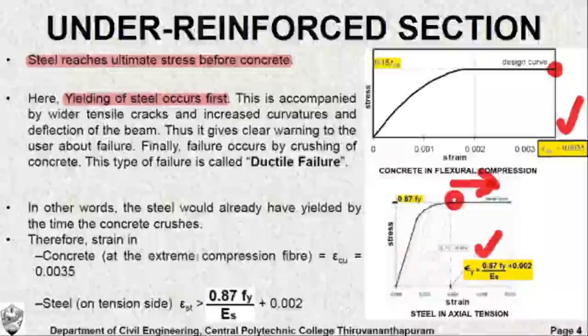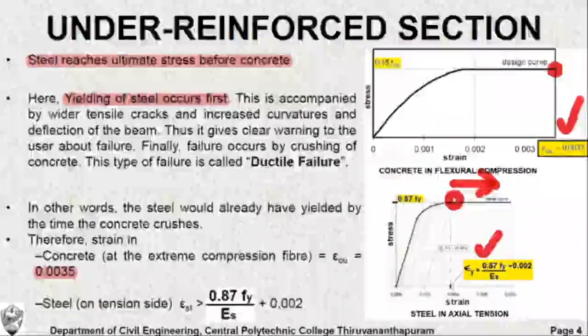So that is what is explained here. When concrete reaches the ultimate compressive strain of 0.0035, the steel has already yielded and the strain in steel must have exceeded 0.87 Fy by Es plus 0.002.